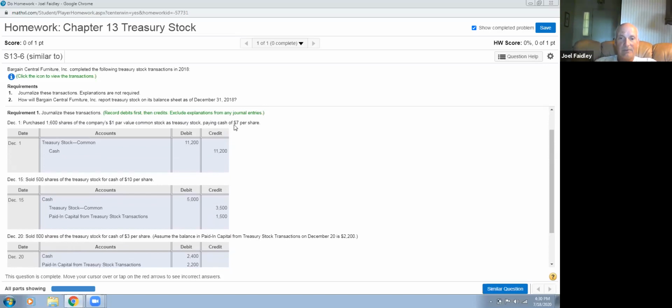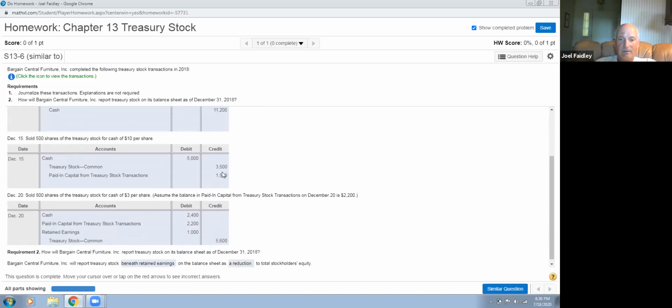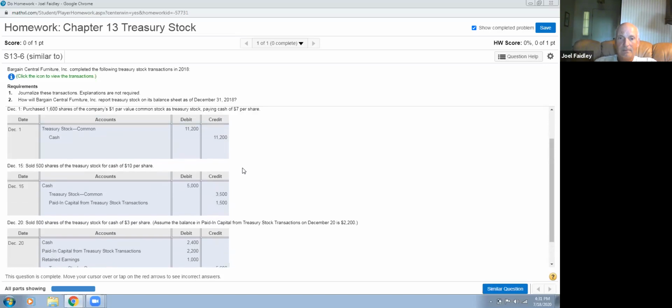So 800 times 7 is 5,600. So there's my 5,600 that is coming out. That's how it went in. There's my 2,400. I know I've got a loss of how much? $3,200. But I can only reduce this paid in capital from treasury stock down to 0. Why is that 2,200? That can't be. That's wrong.